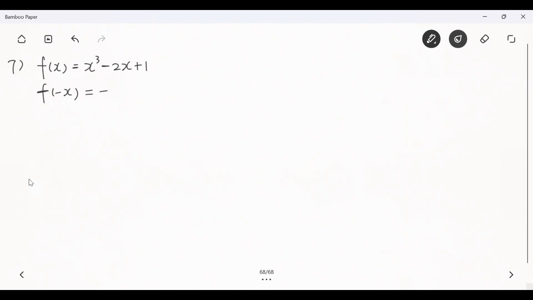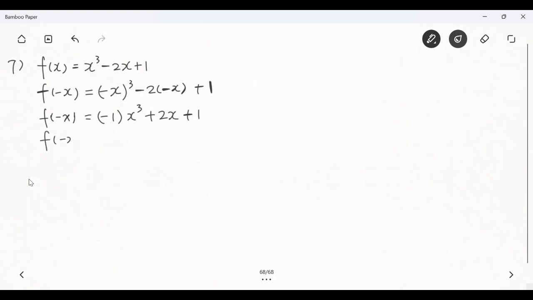The right side becomes negative x cubed minus 2 times negative x plus 1. So simplify it. It becomes f(negative x) equals negative x cubed. So there is a negative 1 out, so times x cubed, right? Because 3 is an odd number. And negative times negative becomes positive. So it's 2x plus 1.